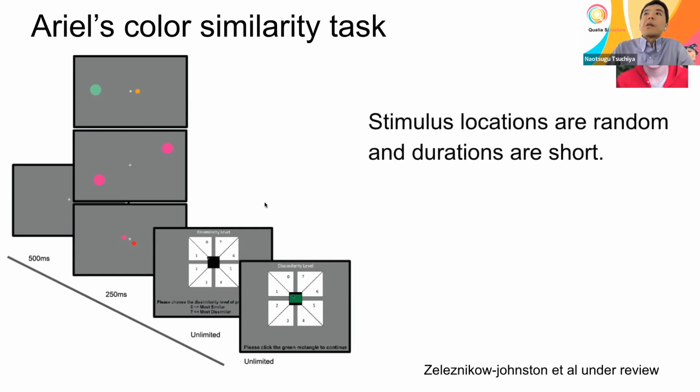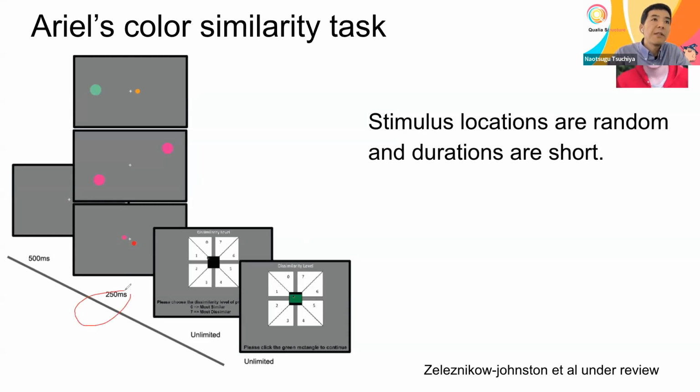And the stimulus locations are, importantly, random, so you can't expect or memorize the experience of the color. Also the duration of the stimulus is short enough, only 250 milliseconds.